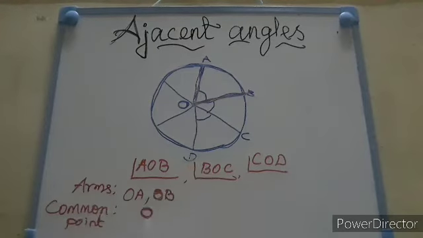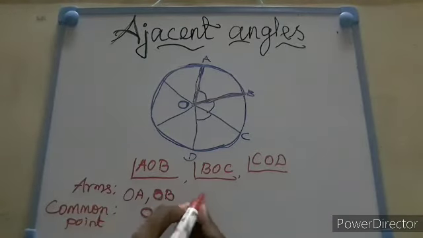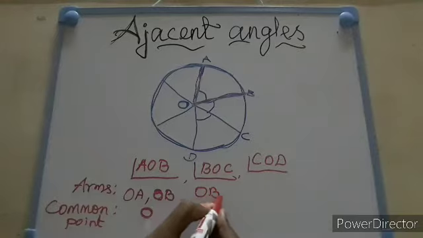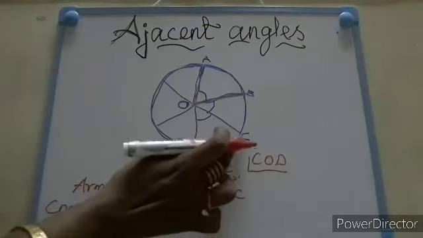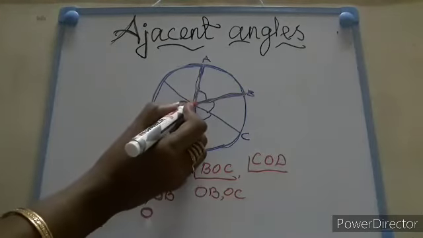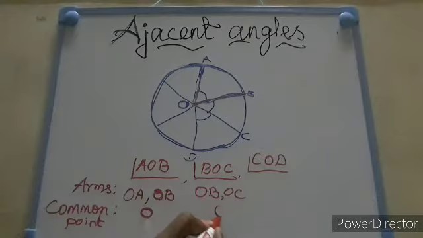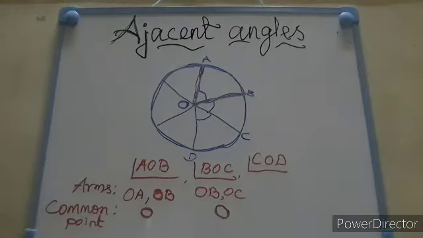Here, take this one. In this angle, what are the arms? Yes, OB and OC. These two are arms. And what is the common point? Yes, O is the common point. Now in these two angles, what things are common?